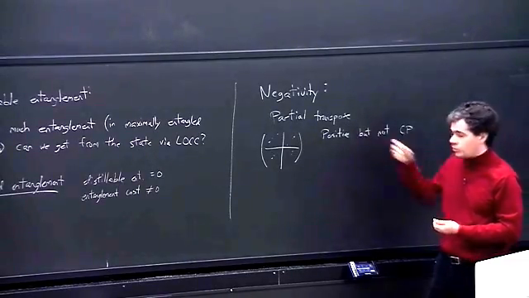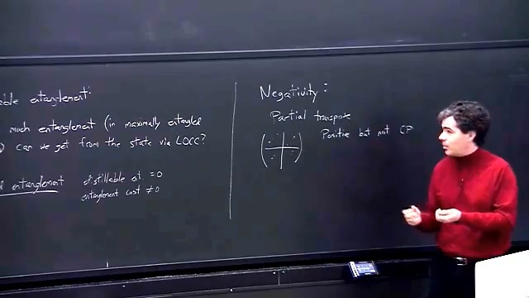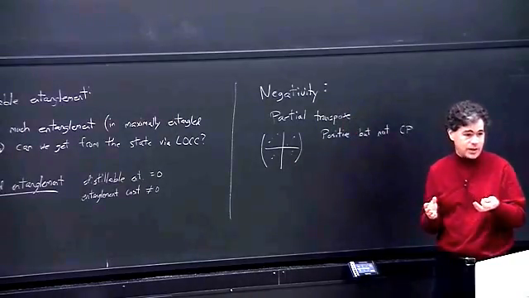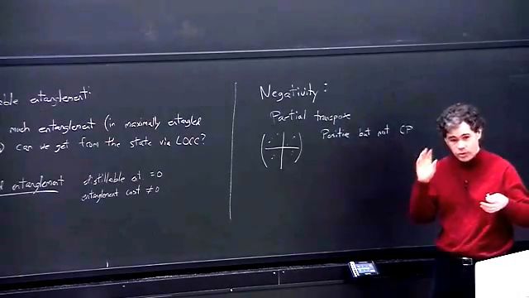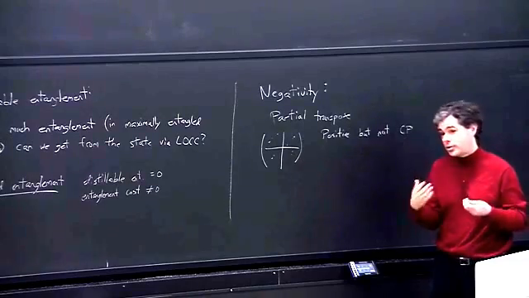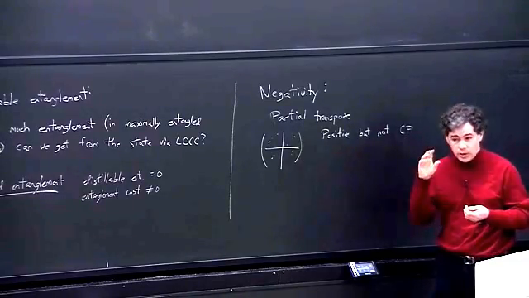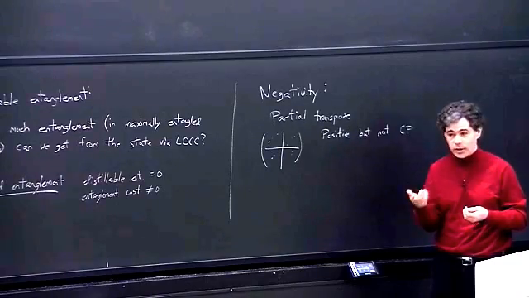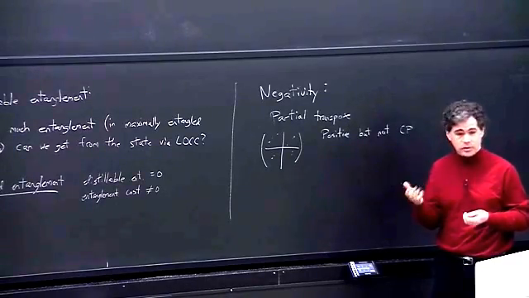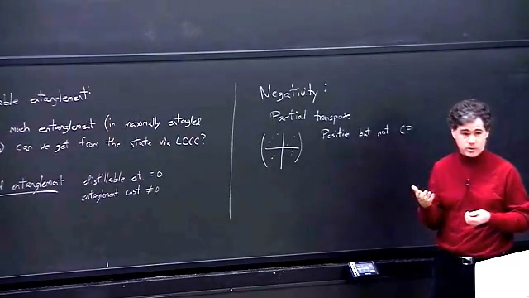So that observation makes this a way to detect entanglement. Right? You look at the density matrix, you take the partial transpose. If it's still a density matrix, well, then it might not be an entangled state. But if you get negative eigenvalues, then definitely it's an entangled state.